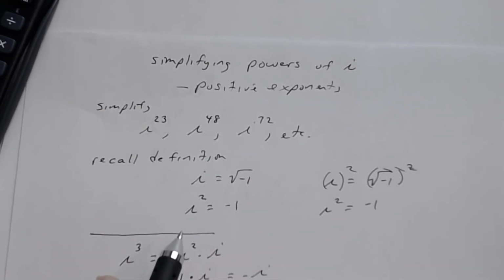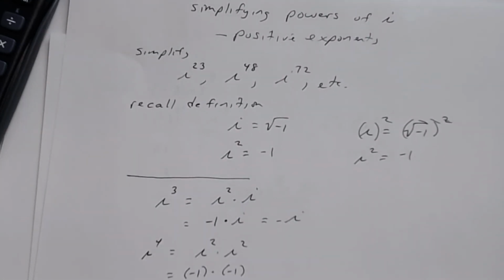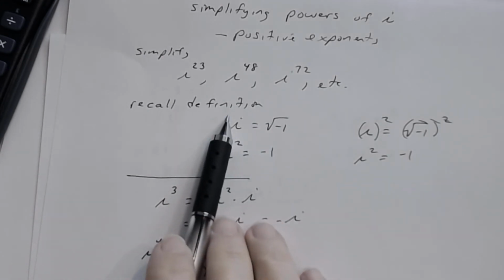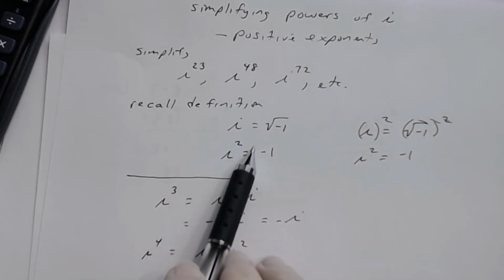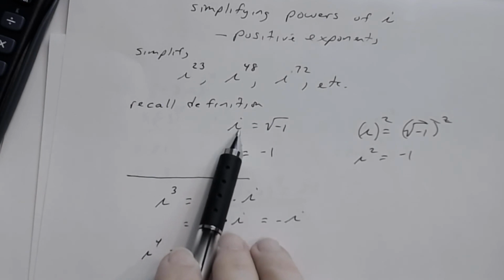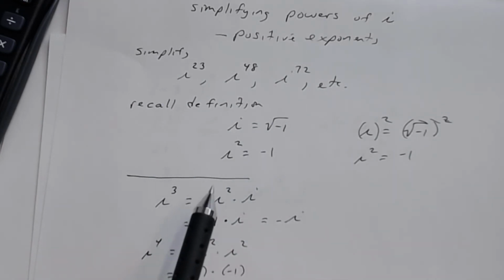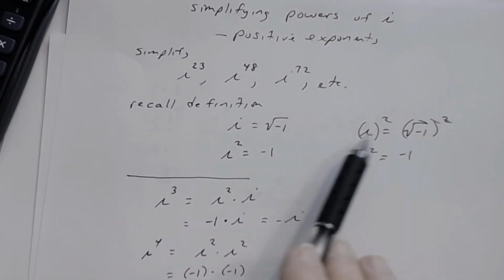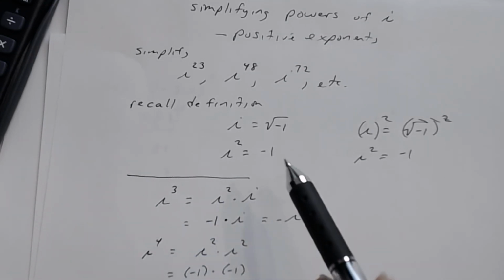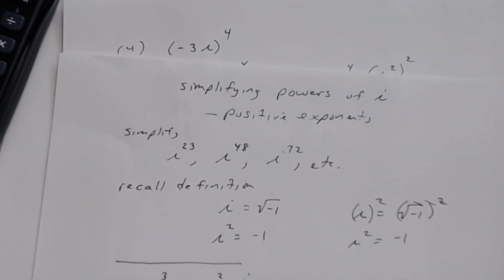So that's what we're going to talk about next lesson, dealing with powers of i. But one of the things you've got to recall, even in the next lesson, is the fact that the square root of negative 1 is equal to i, and from there we see that i squared equals negative 1, and then we just went from there. Okay? All right, so that's going to be the end of this lesson.